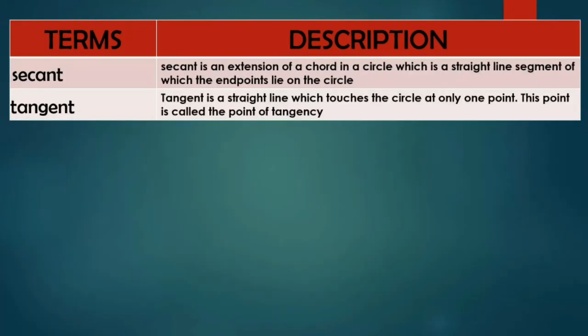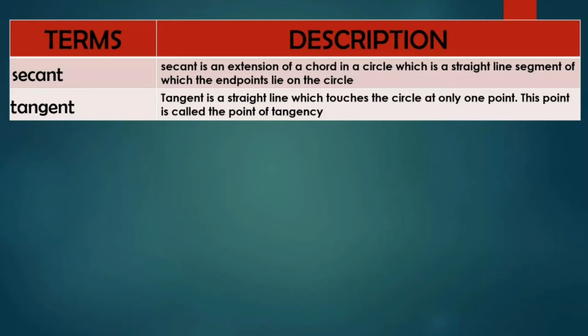Okay, so let's have other terms related to circle. We have the secant. A secant is a line that intersects the circle at 2 distinct points. A secant is an extension of a chord in a circle, which is a straight line segment whose endpoints lie on the circle. The next one is the tangent.